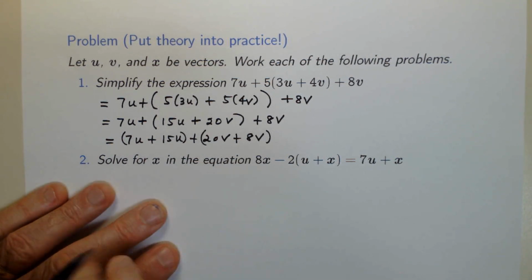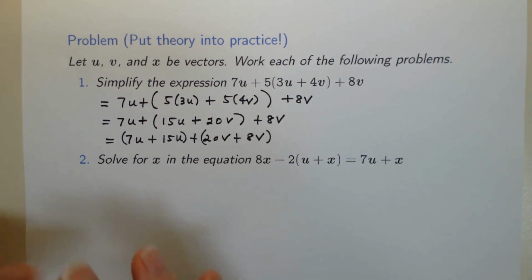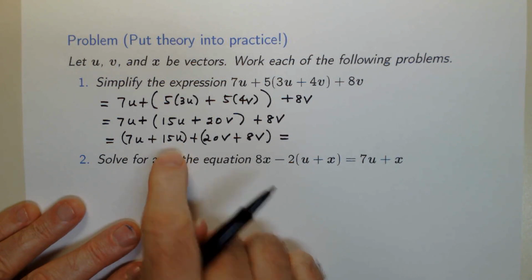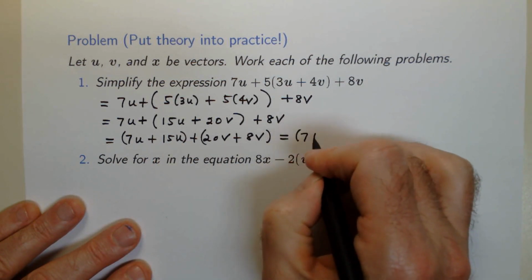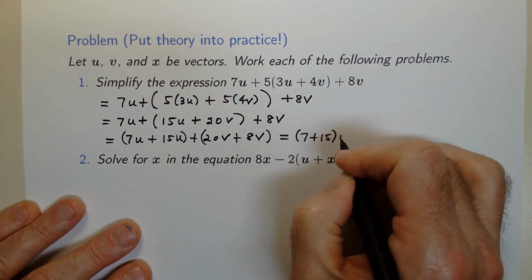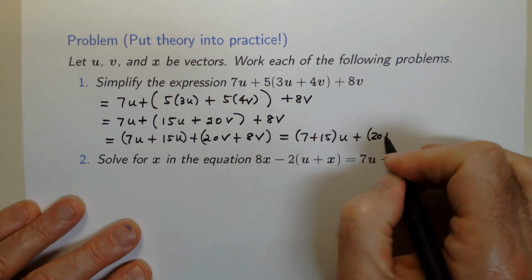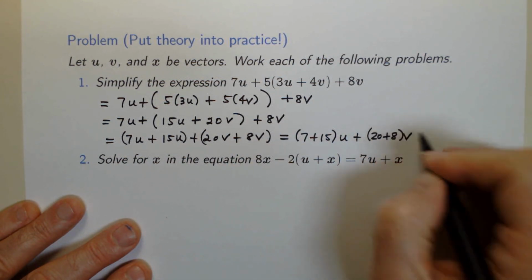And then finally, I can use my distributive law in the reverse form, more like a factoring law, but it's the distributive law that allows me to write this first expression as 7 plus 15 times u and 20 plus 8 times v.